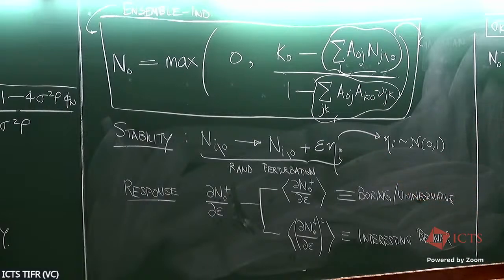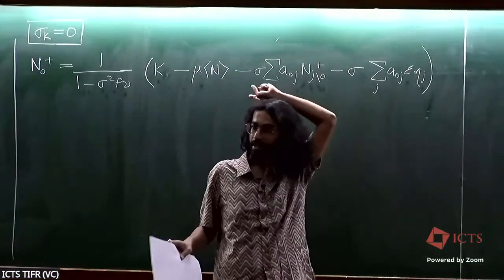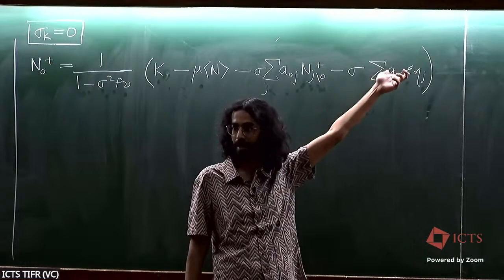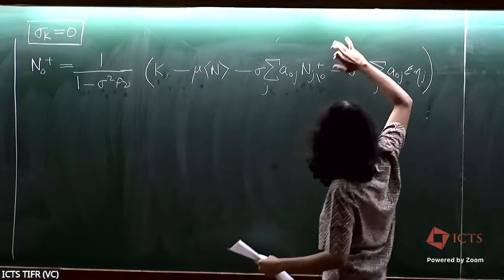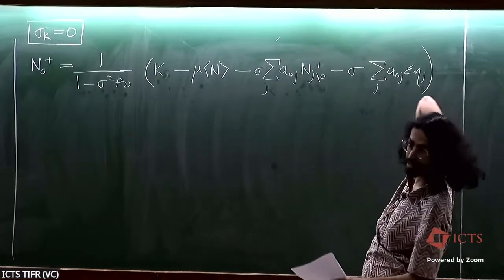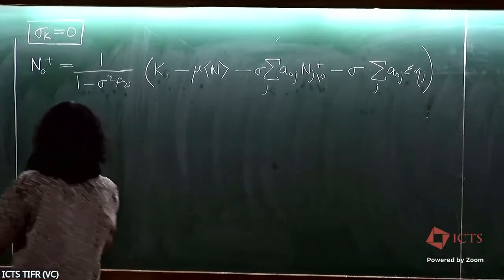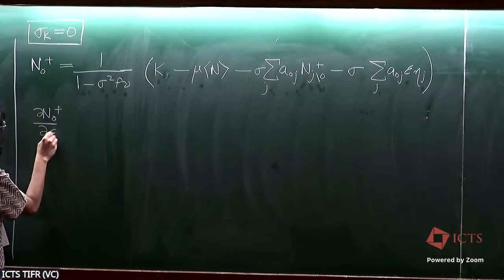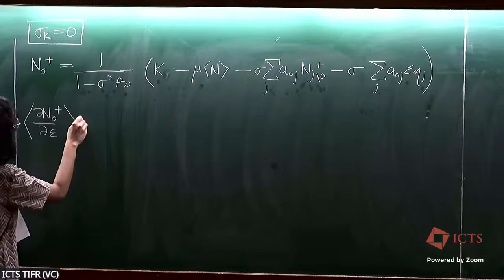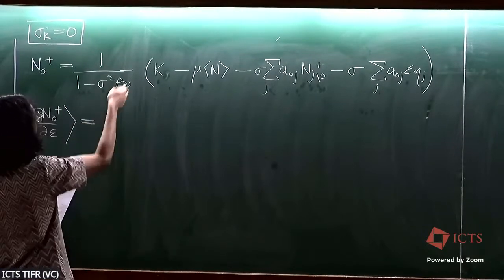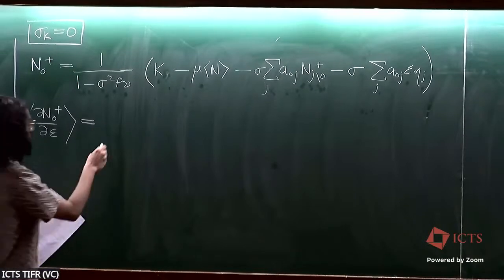Everyone clear about this? Just some substitutions. Of course, I needed to do this because I want to take a partial derivative with respect to epsilon, so I need to put the epsilon in there. So I had something without this guy. Now I have something with this guy, and I want to ask what the first moment of this response is. So now I can just do some straightforward algebra. This is, of course, just a number, so it just stays out.